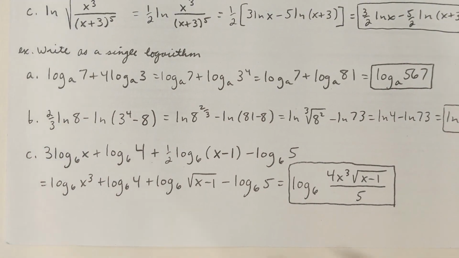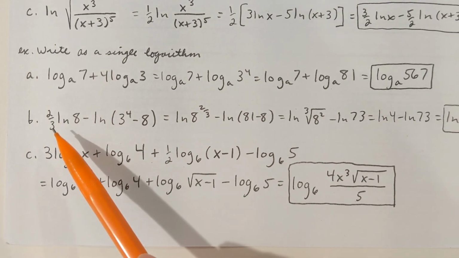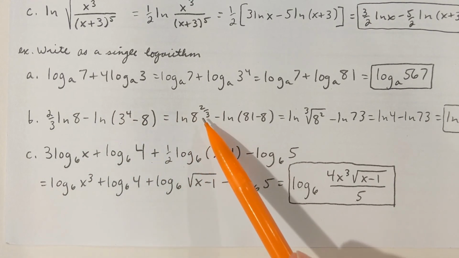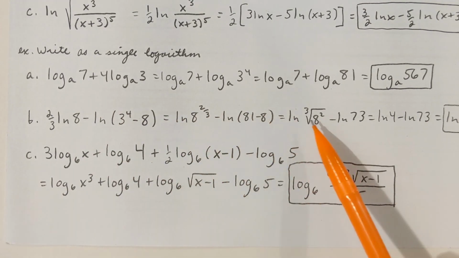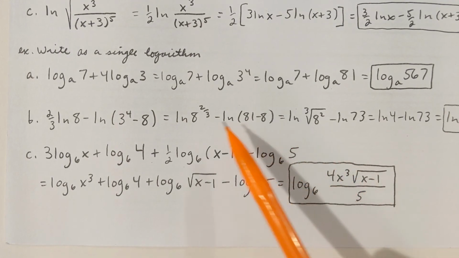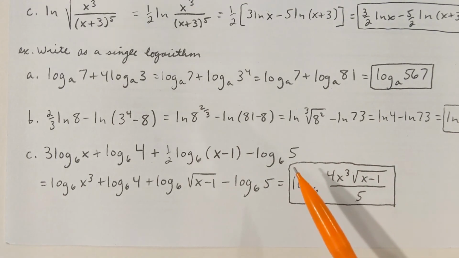Part B, same deal, we'll get a single logarithm. Okay, so 2/3 is a multiplier. I'd want to pull that inside of that first logarithm. 8 to the 2/3 is the same as the cubed root of 8 squared, and the cubed root of 64 would be 4. So the ln of 8 to the 2/3, that would be the ln of 4.